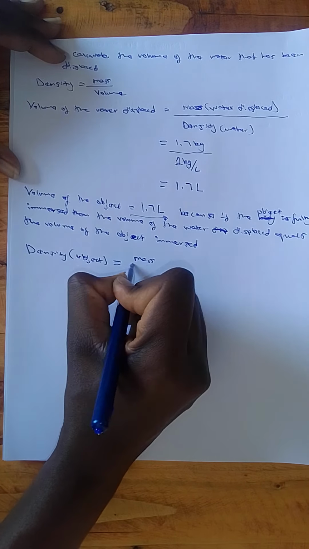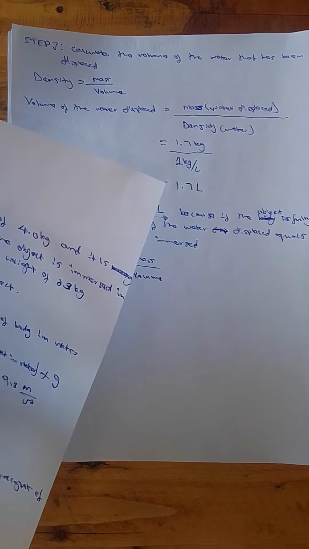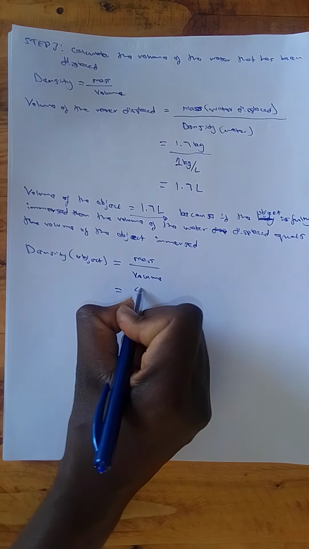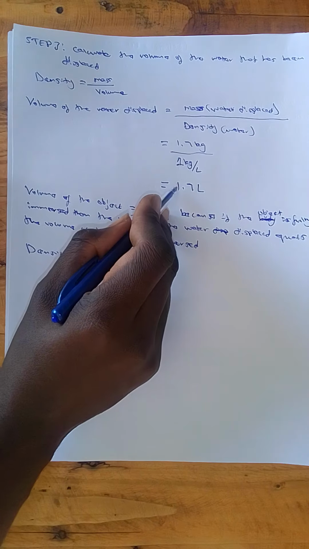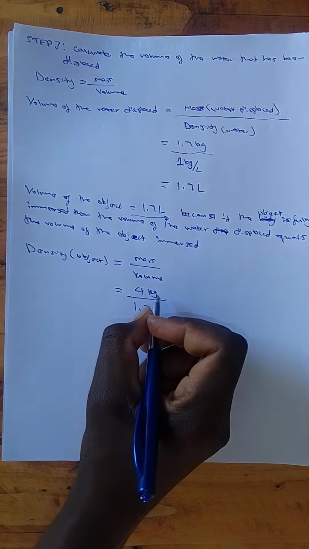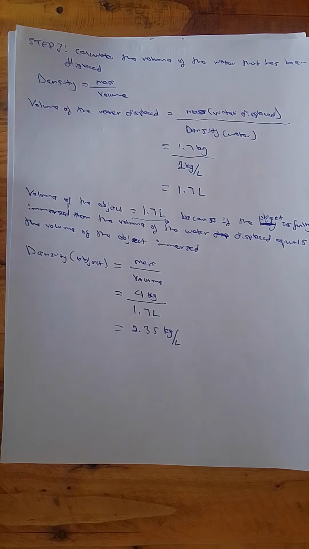We're using the original mass because we know the original mass of the object. We have been given it to be 4 kilograms. So it's 4 kilograms all over the volume we calculated to be 1.7 liters. And when you use a calculator, you get 2.35 kilograms per liter. So that's what it is.